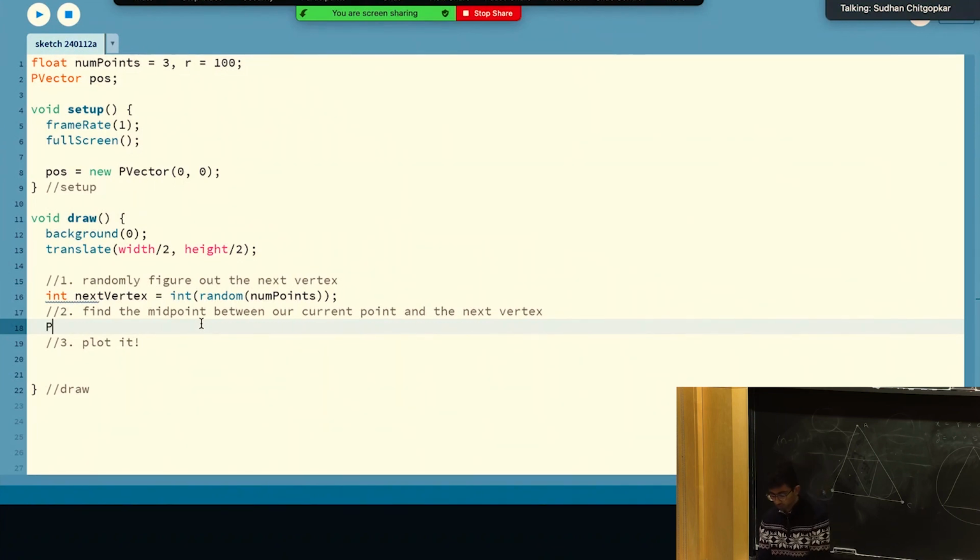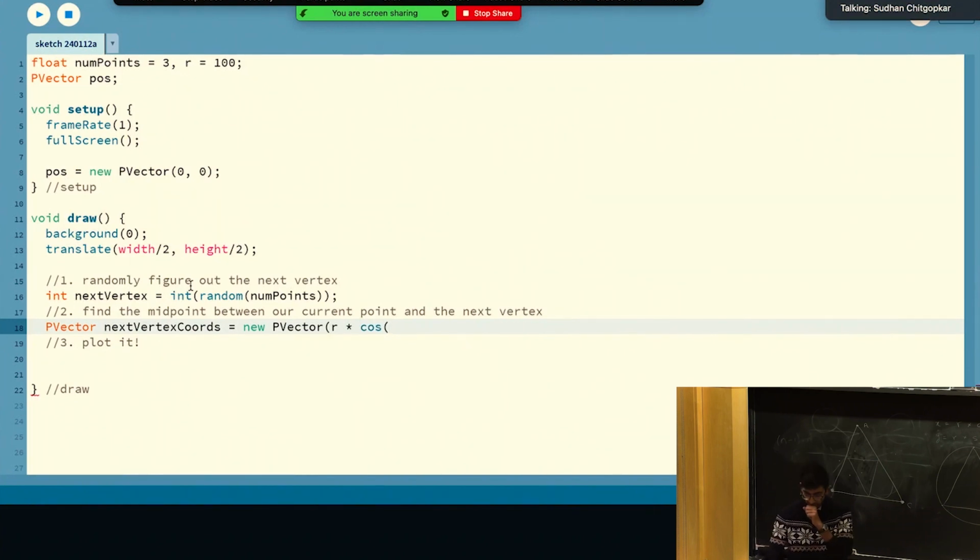And feel free to stop me if this gets complicated, but the way we can do that is this: the x value for the next vertex is going to be, again from our formula, r times the cosine.